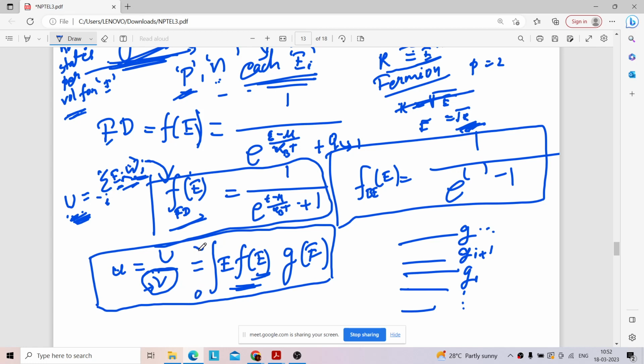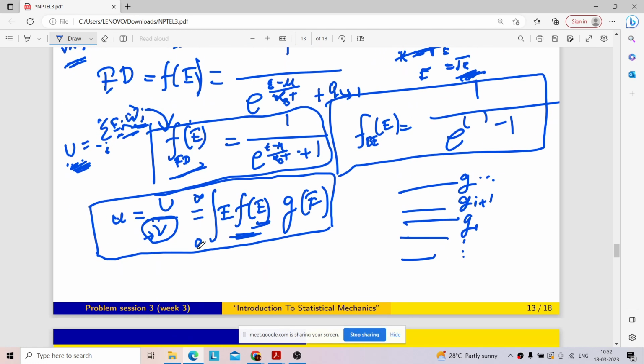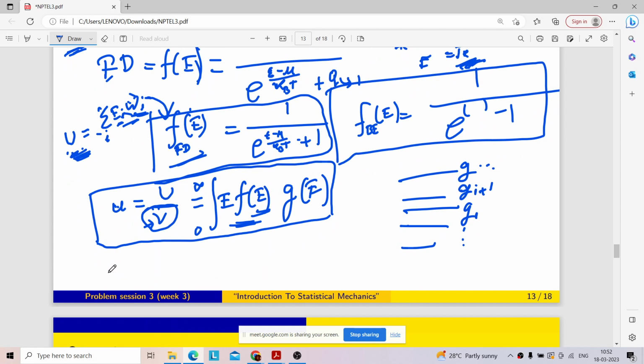It will go from 0 to infinity. Similarly, if I want to calculate the total number of particles per volume, I can calculate this as N over V. I have to calculate the number of particles only, so I can remove this E. So this will be simply f(E) g(E) from 0 to infinity.